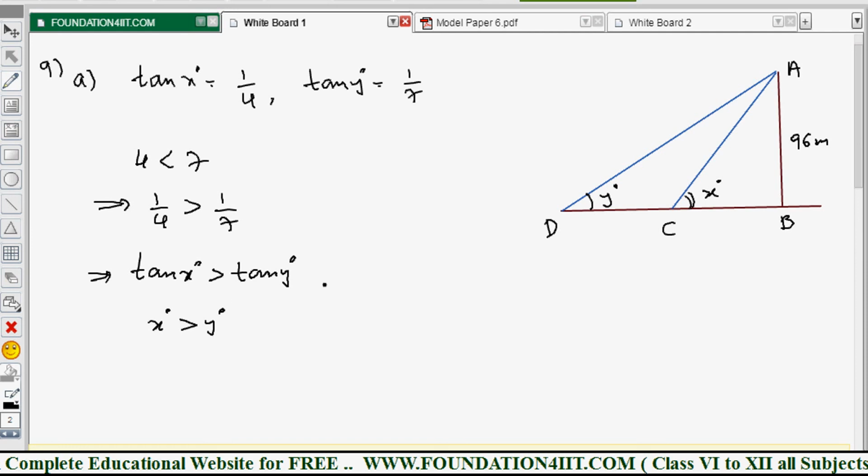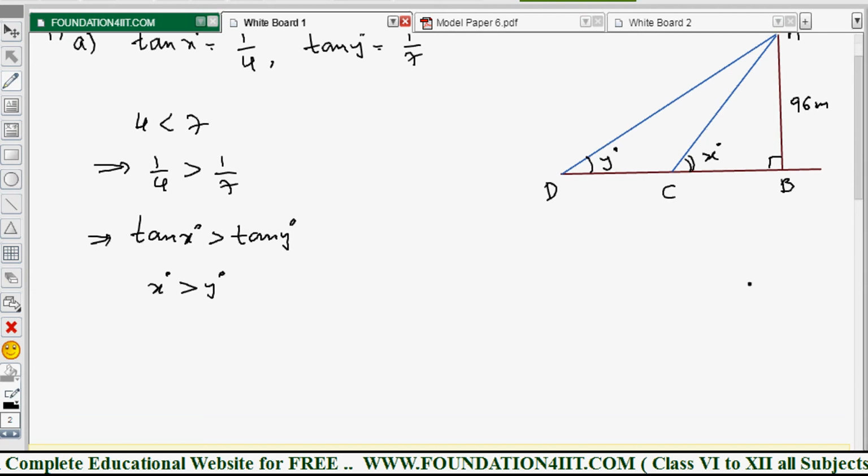Now take the two triangles here: triangle ACB and triangle ADB. First we will take triangle ABC.